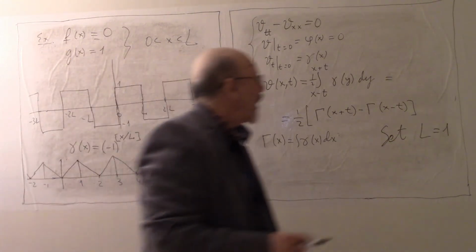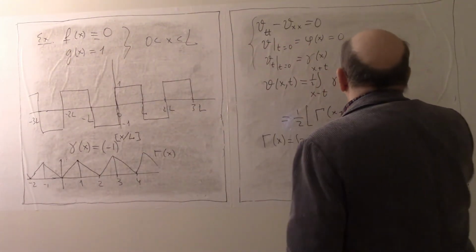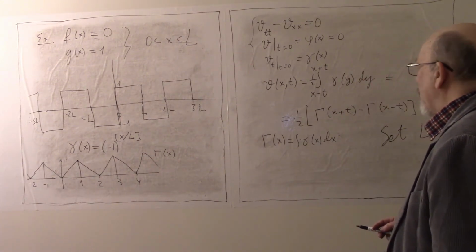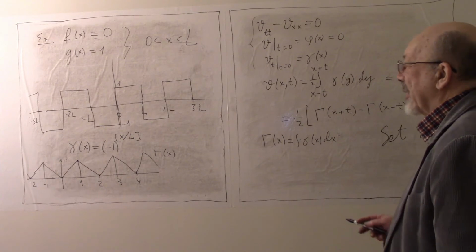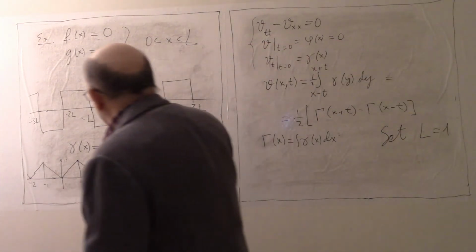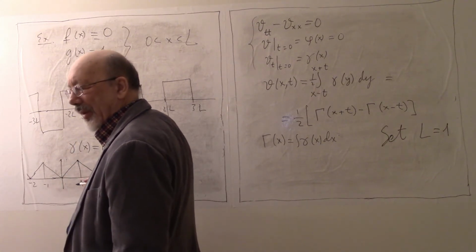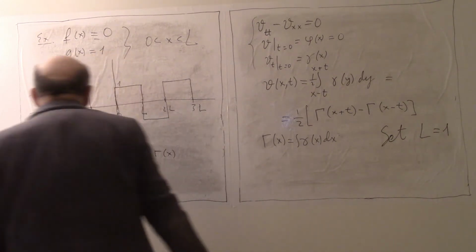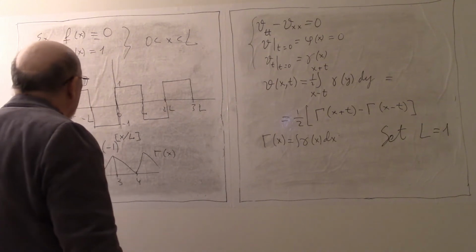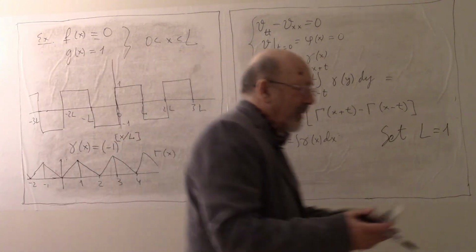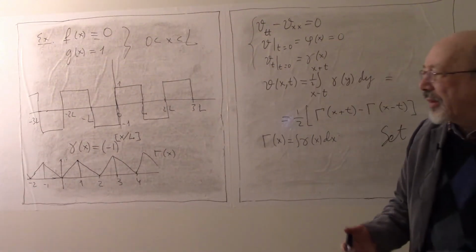And now we have to find this function. Fortunately, we see that this function is periodic with period 2. So we don't need to look for this function for all t.